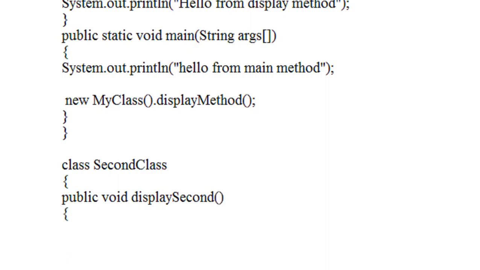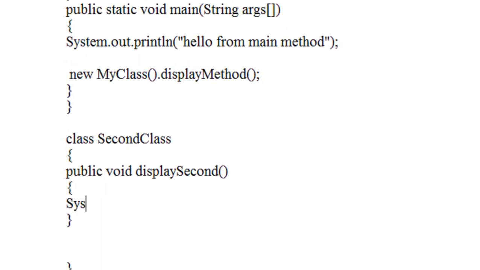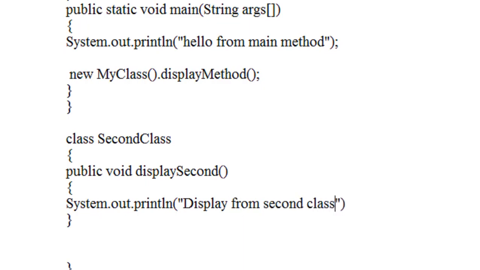This method also prints a simple message on the output screen. So here is the statement for printing the message, system.out.println, display from second class method.